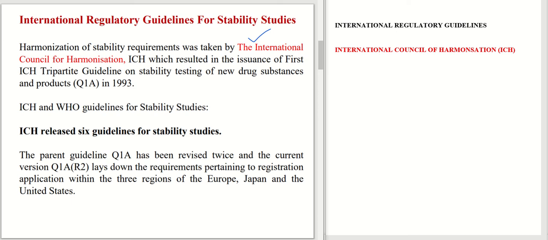For example, a few drugs which are stable in one zone, say if we consider the climatic condition of Iraq or Kurdistan, the climatic conditions are different from other parts of the world. So a few drug products might be stable at this condition, but might not be stable in other parts of the world.